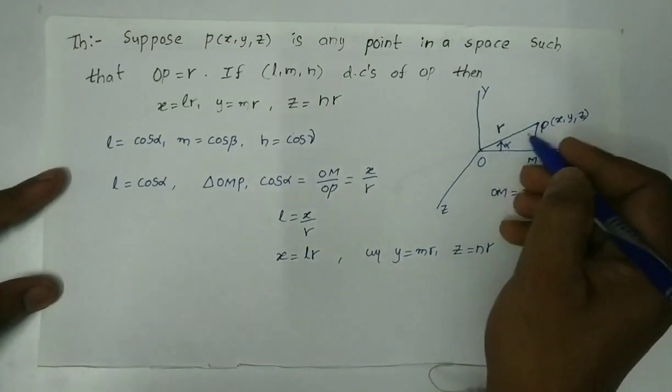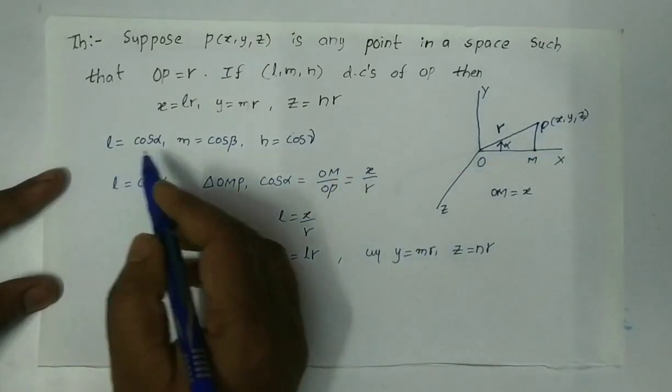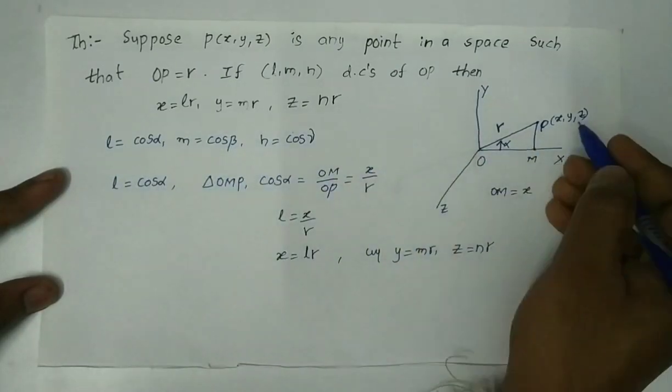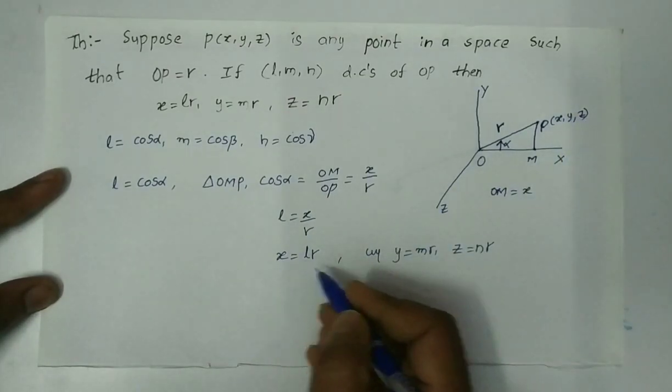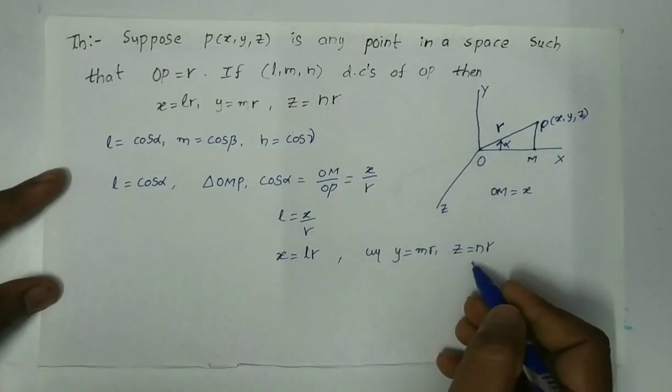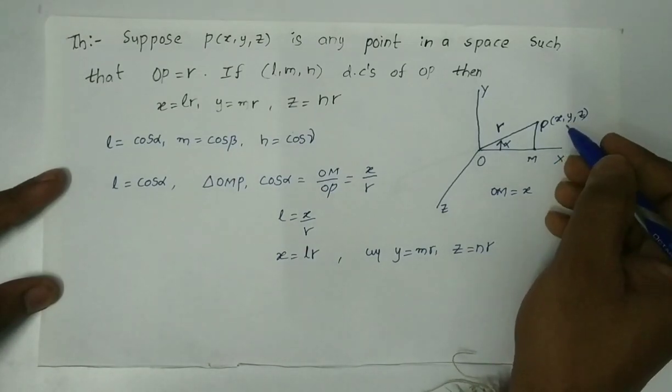If OP is equal to r and the direction cosines of OP are l, m, n, then the coordinates of the point P will be lr, mr, nr, because the point P is nothing but x, y, z.